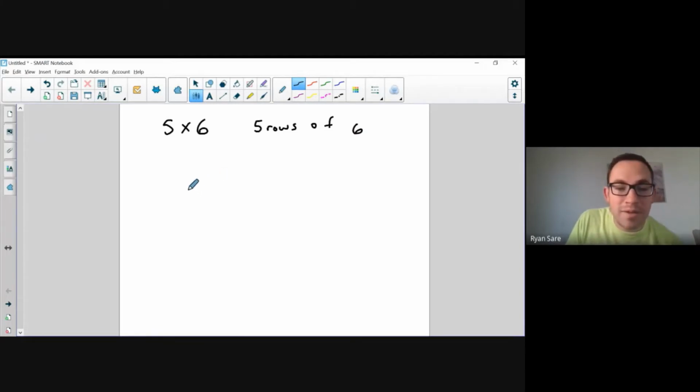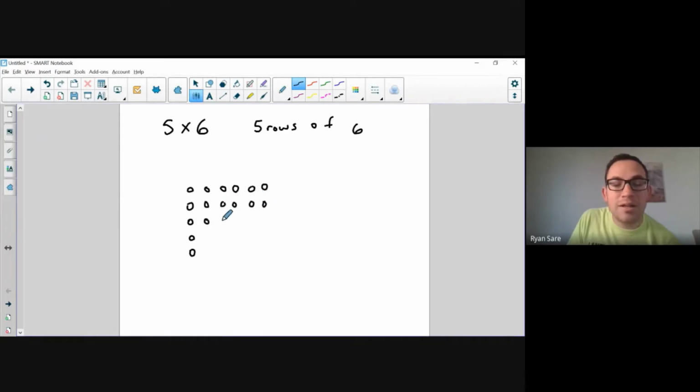And so we'd make 5 rows, 1, 2, 3, 4, 5, and we make sure there's 6 in each row. 1, 2, 3, 4, 5, 6. And then I have to fill in all these other rows to match them.